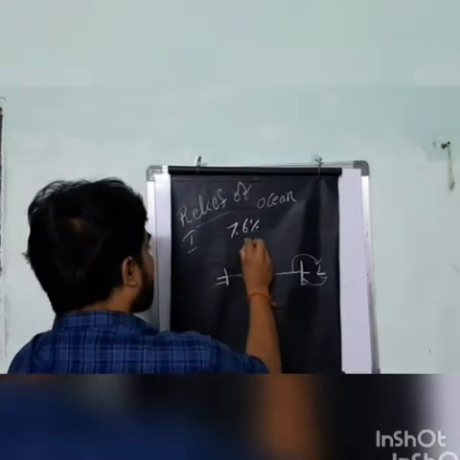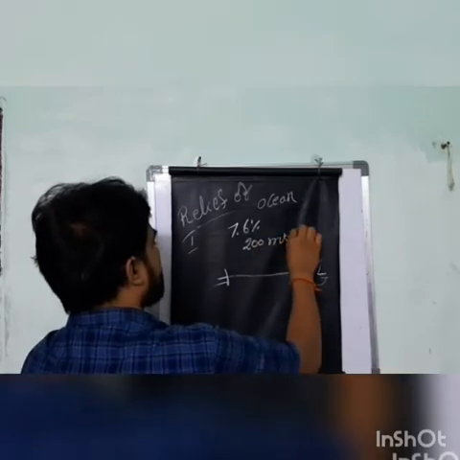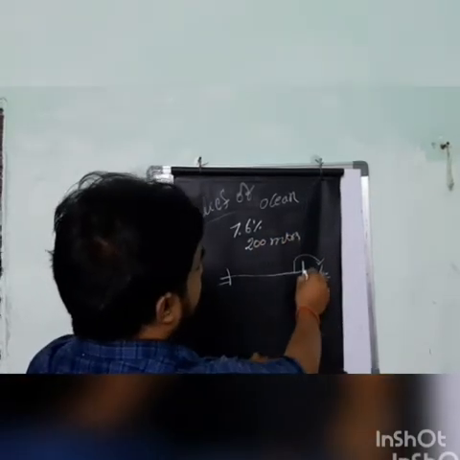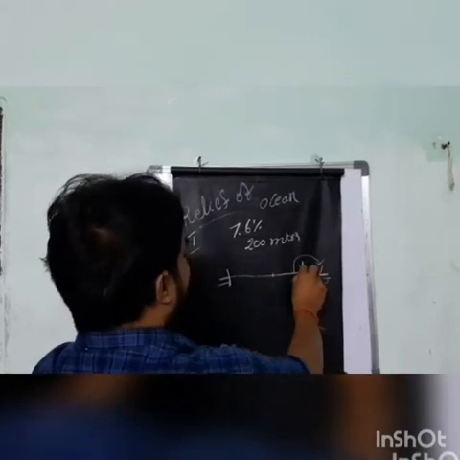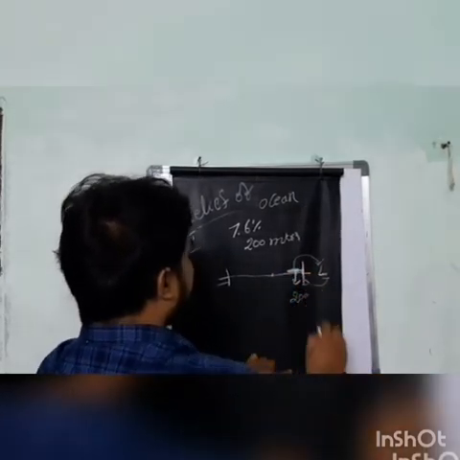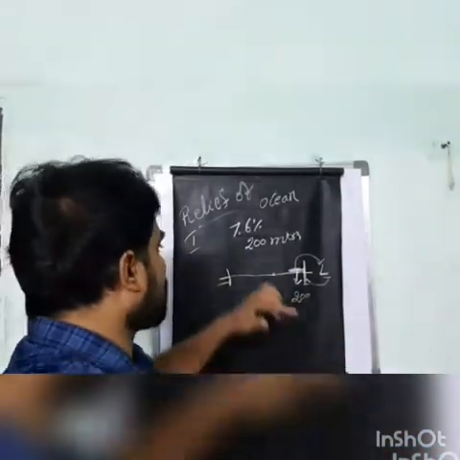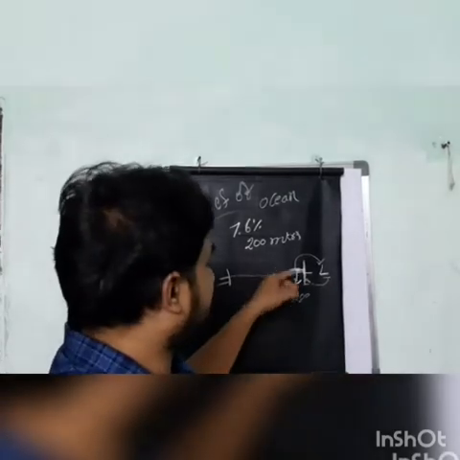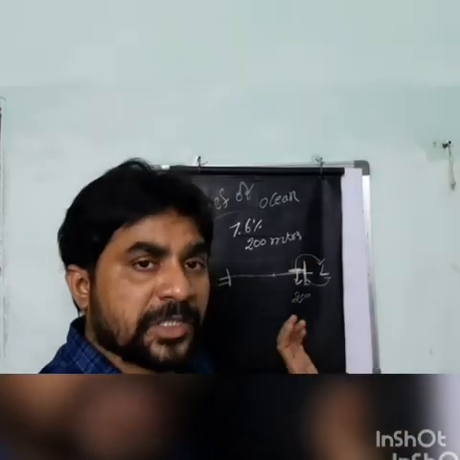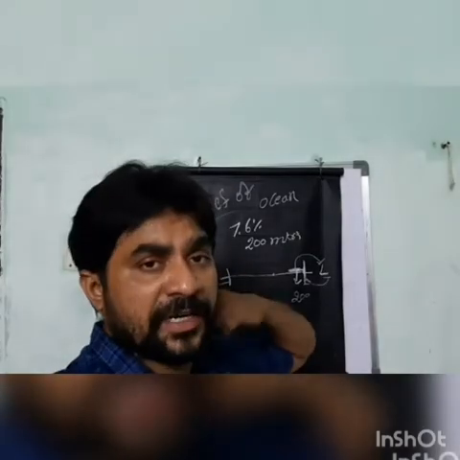The first point is the depth should be 200 meters. Starting from the land to the sea, the depth should be 200 meters. It means shallow. So a depth between 0 and 200 meters is considered the continental shelf.